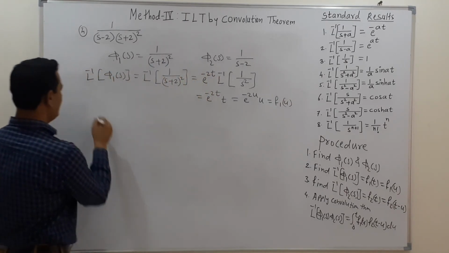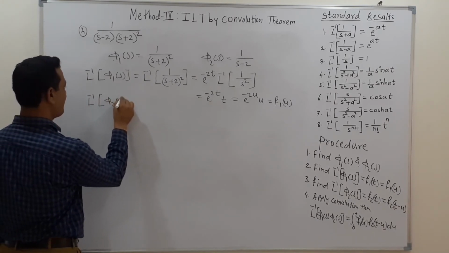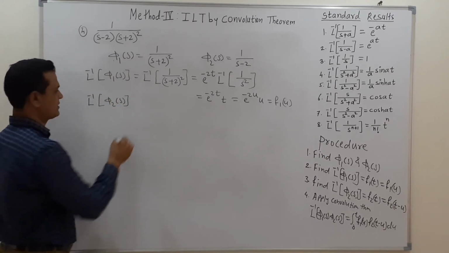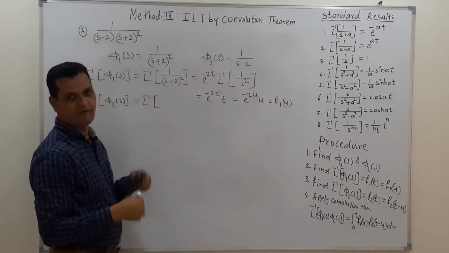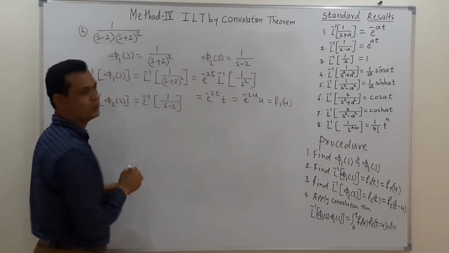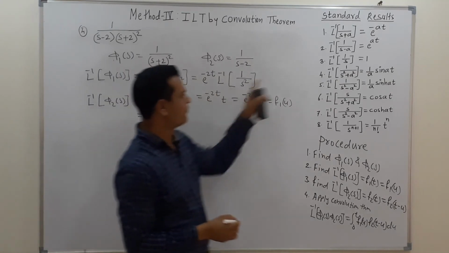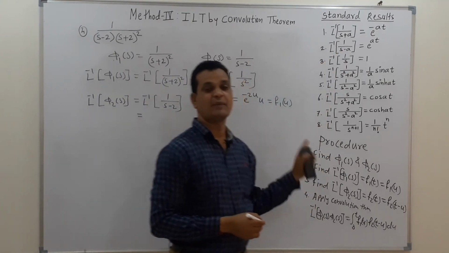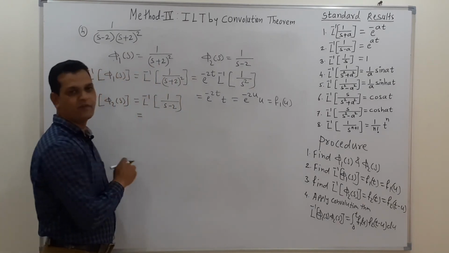Now let's do the third step, find out the inverse Laplace transformation of phi 2 of s, which is equal to the inverse Laplace transformation of 1 upon s minus 2. This is in our standard form, the inverse Laplace transformation of 1 upon s minus a is equal to e raised to at, where the value of a is 2.